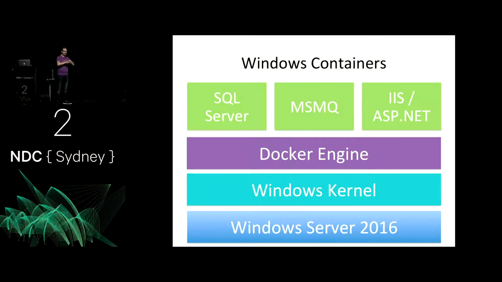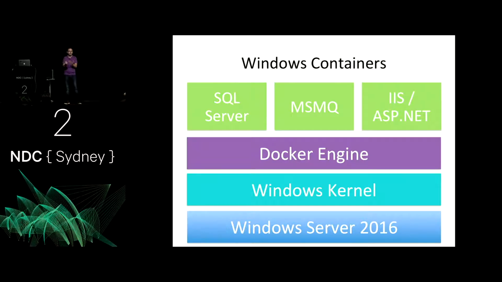And so we'll have our new operating system, Windows Server 2016. We'll have the Windows kernel, which we have already, but with the added benefits of container awareness and container-based features, which we didn't have before. We'll have the Windows version of the Docker engine, which works and looks in a very similar way. And then on top of that, we can run containers.